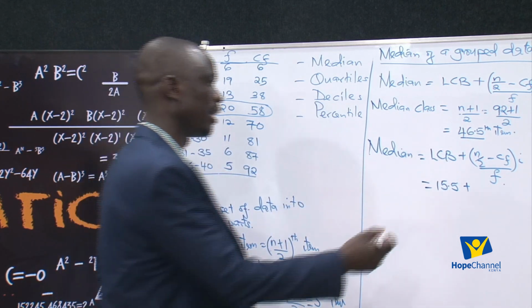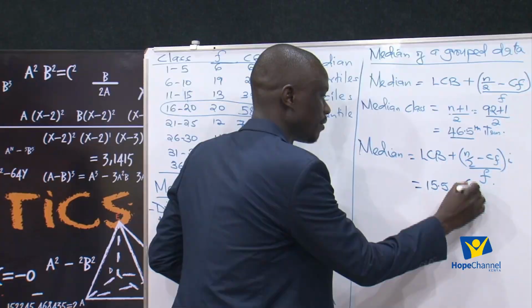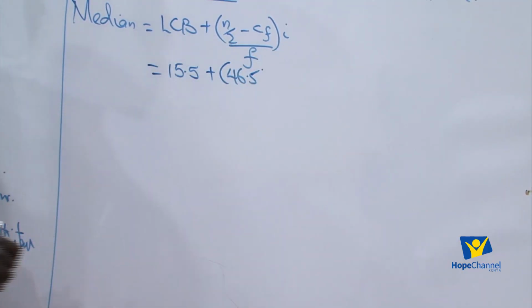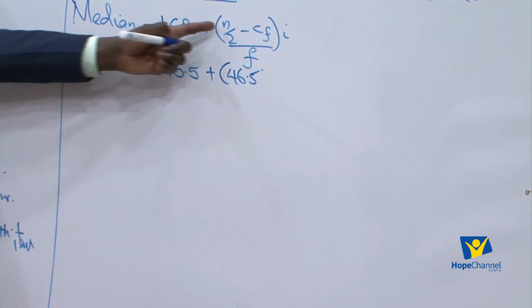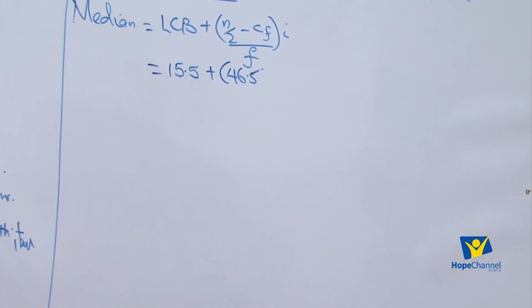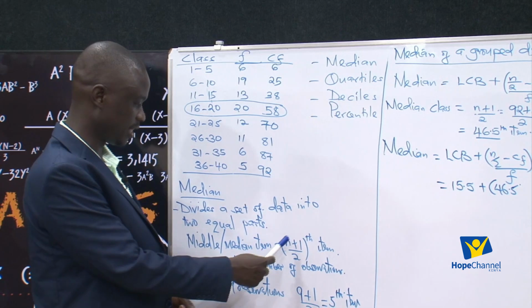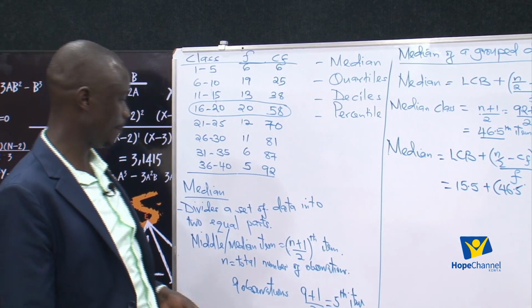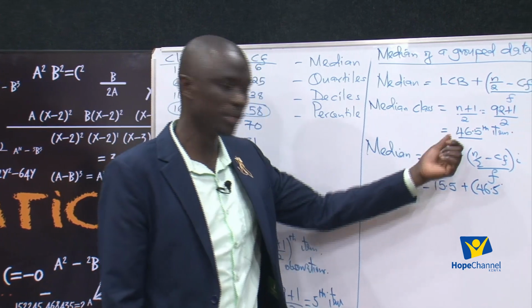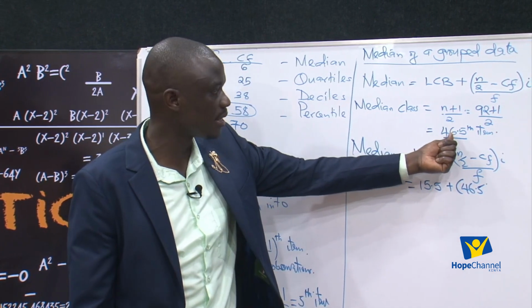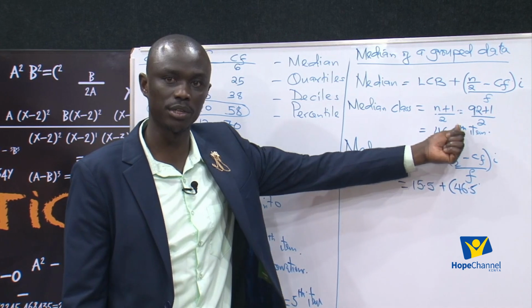So you just come here and say this is just 46.5. It is the formula that we extended here to help us know which item is the middle. And in our case, our middle item is 46.5.